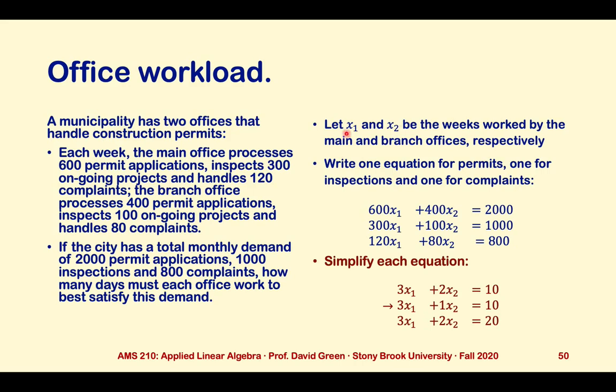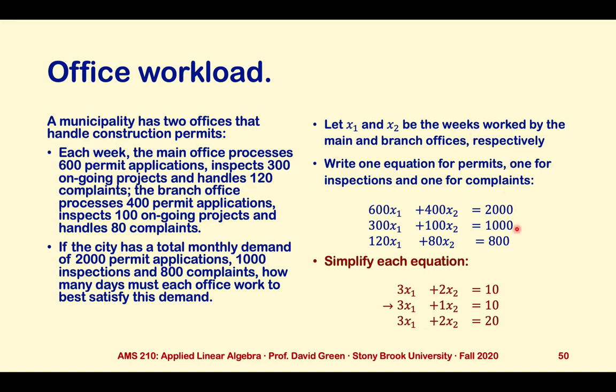Once we have the variables defined, we have to write out our equations. We'll have one equation for each of the types of action in the office, one equation for permits, one for inspections, one for complaints.